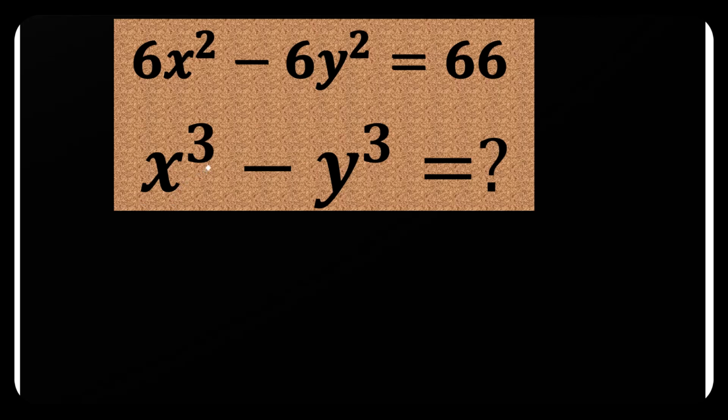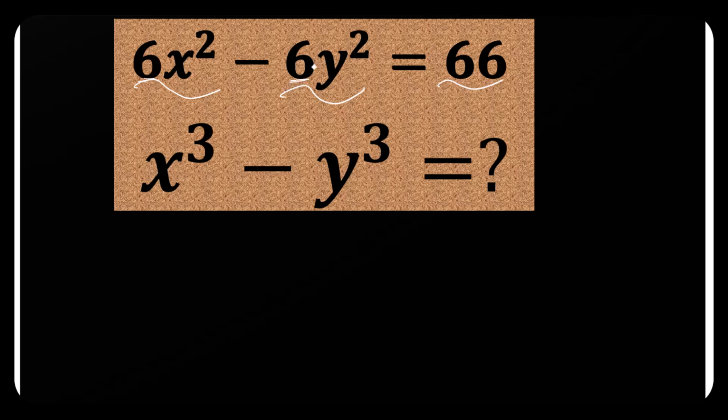Now let's solve for x cube minus y cube here, given 6x squared minus 6y squared equals 66. Looking at this carefully, you can see that we have 6 common here.